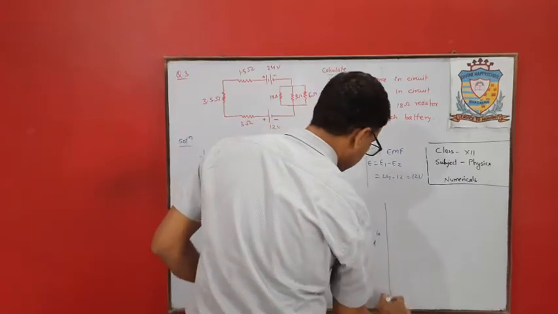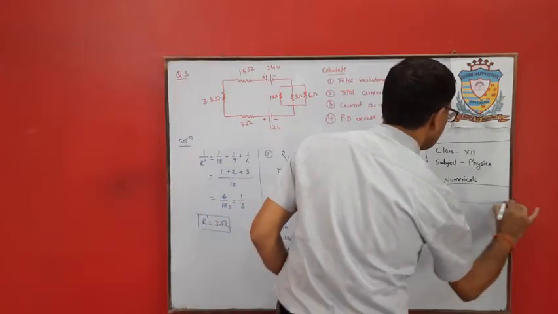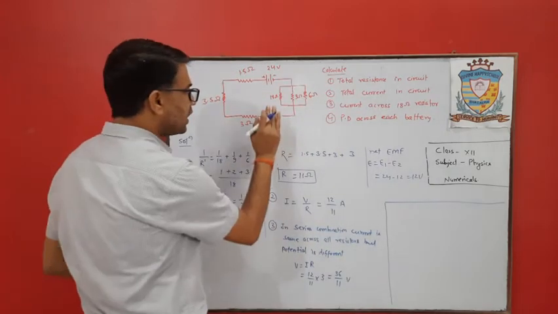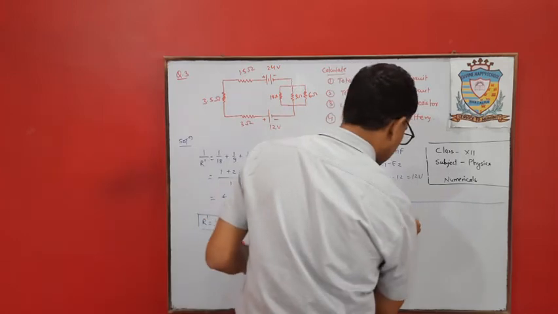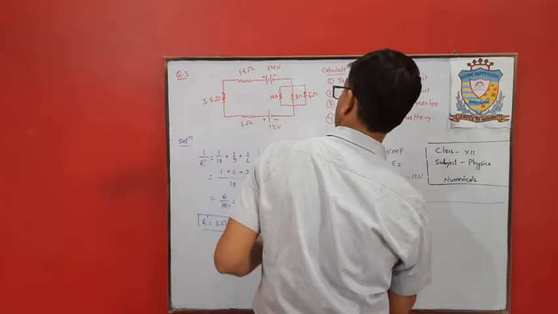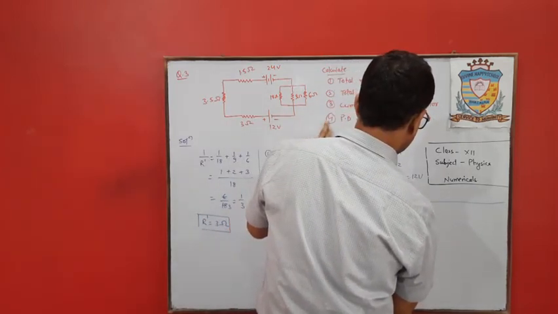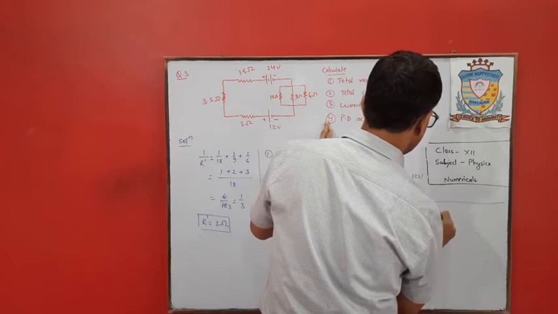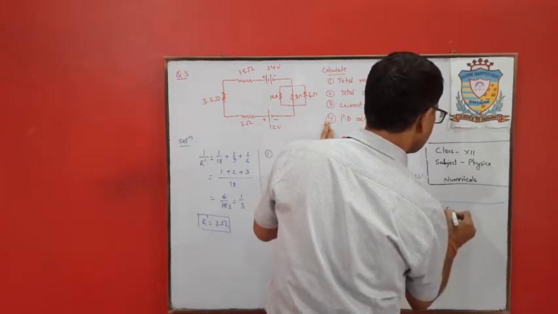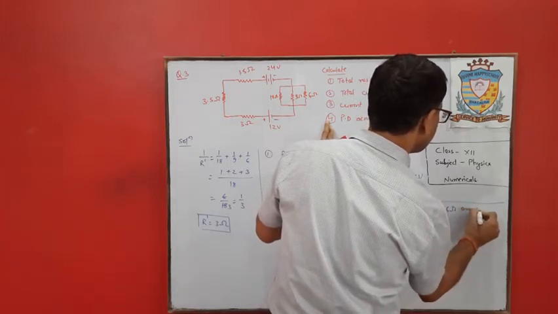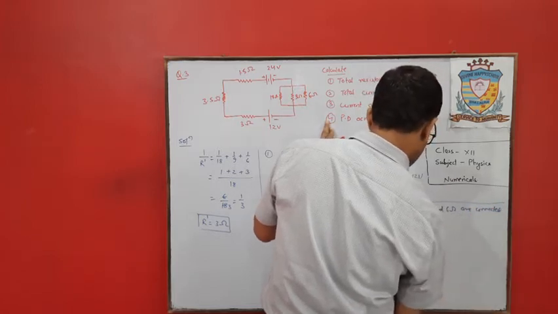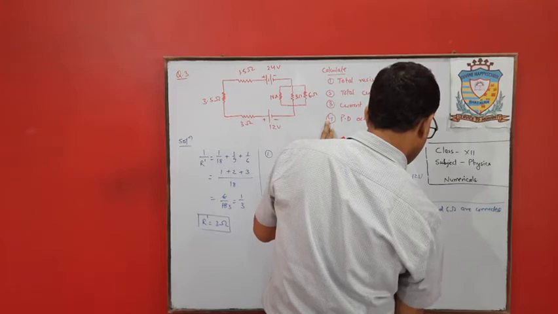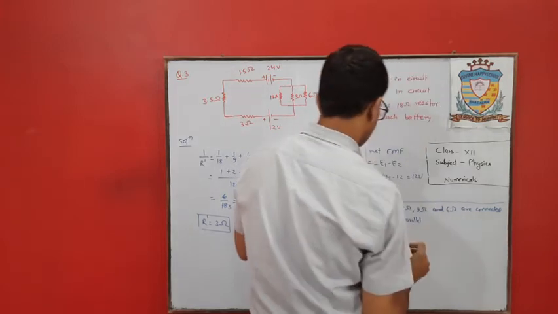Now, as we know that the potential across each resistor will be the same, as 18 ohm, 9 ohm and 6 ohm are connected in parallel.